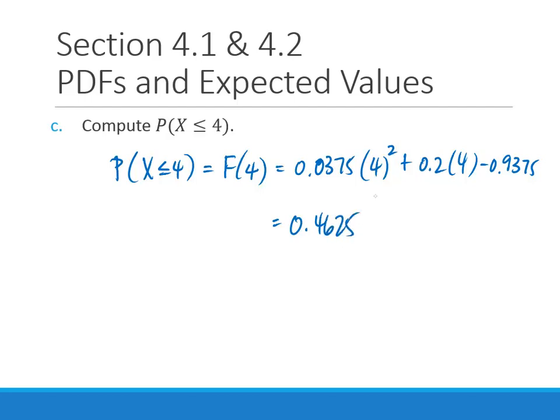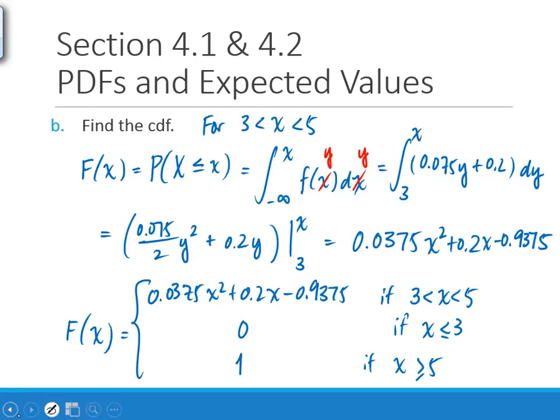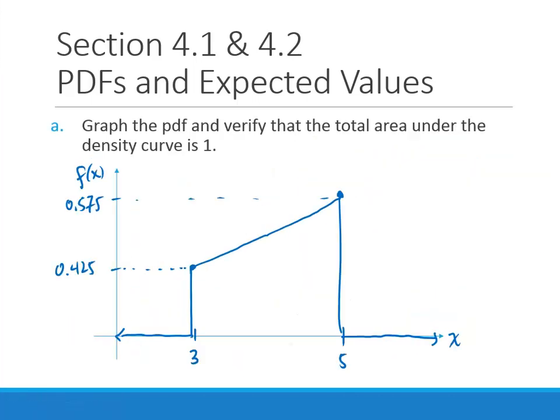So the probability of being less than 4 is a little less than half. Remember from our picture, we've drawn out this density curve. If there's 4, this area right here is equal to 0.4625. That's your visual interpretation of what that number is.